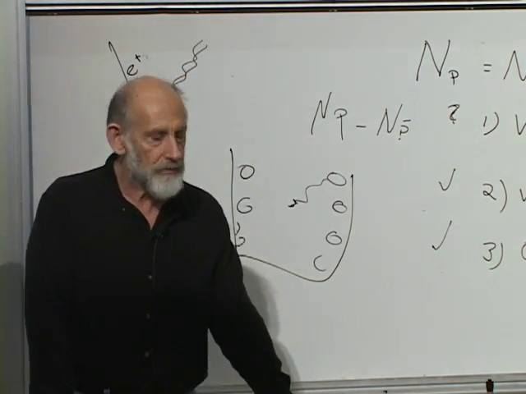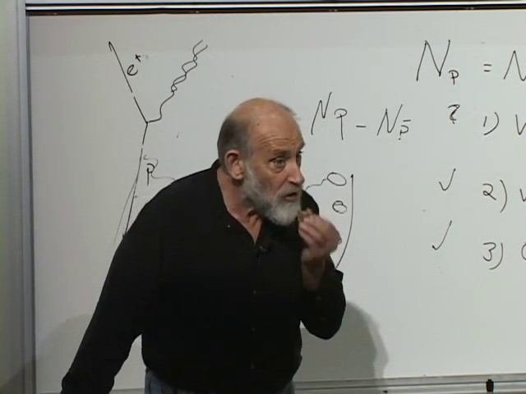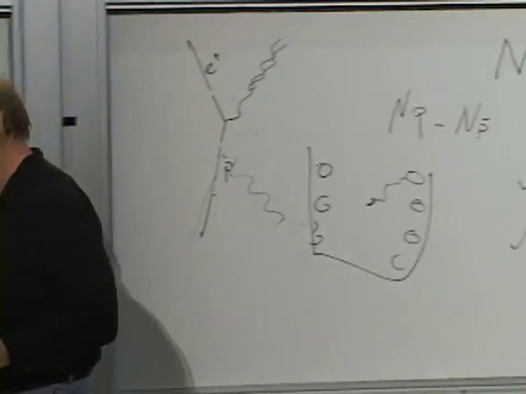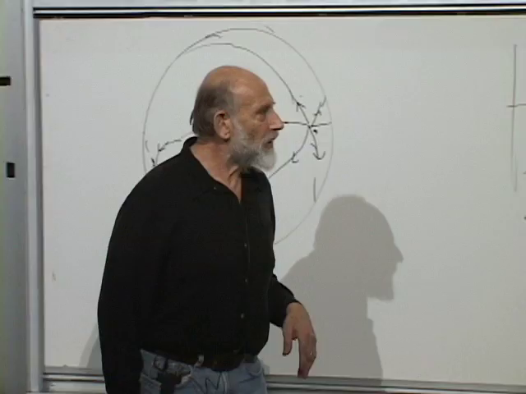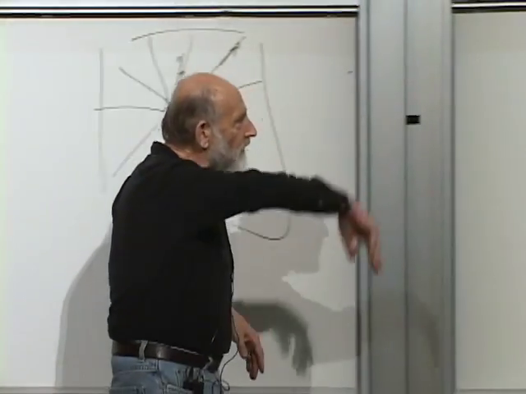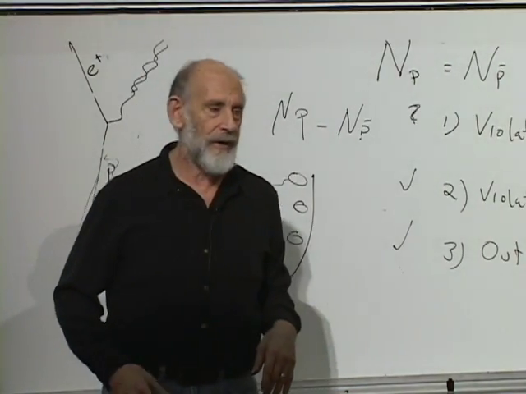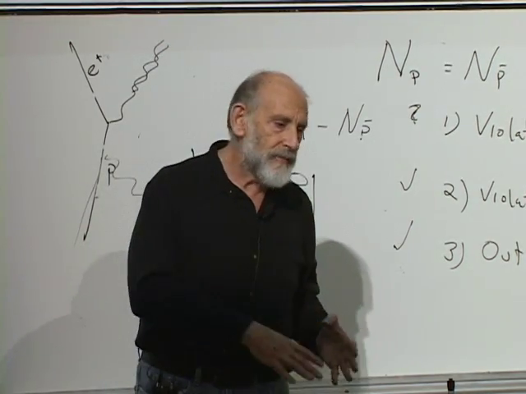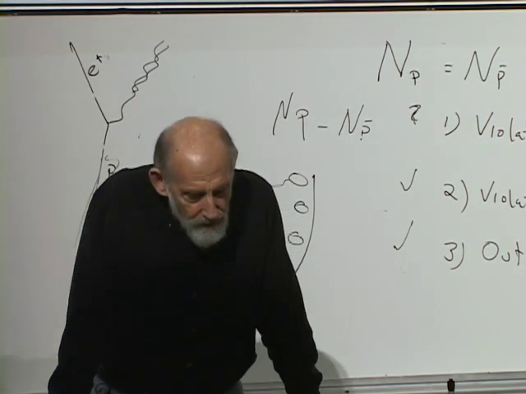Condition number 3 is equivalent to a violation of CPT symmetry? No. Well, yes and no. Let's just take T, forget the CP. T is time reversal symmetry. It means anything that can happen one way can also happen if you ran things the opposite way.